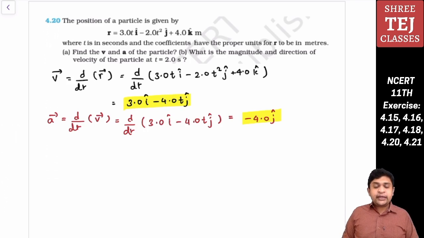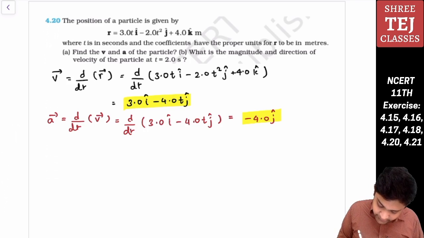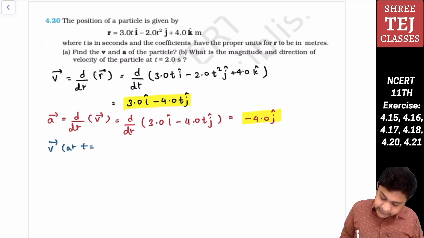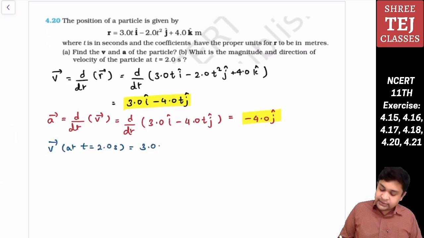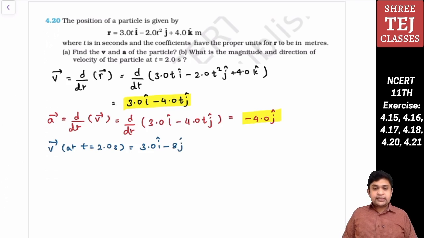Now we have to find magnitude and direction of velocity at t equal to 2 seconds. So v at t equal to 2.0 seconds would be 3.0 i cap minus 4 into 2, so 8 j cap.